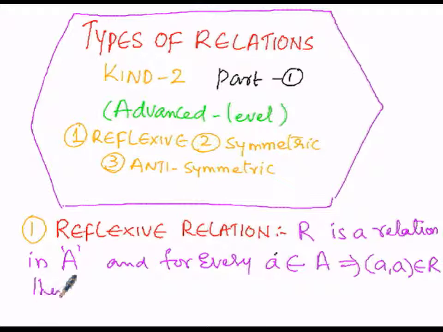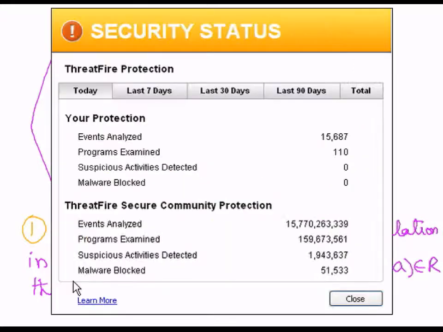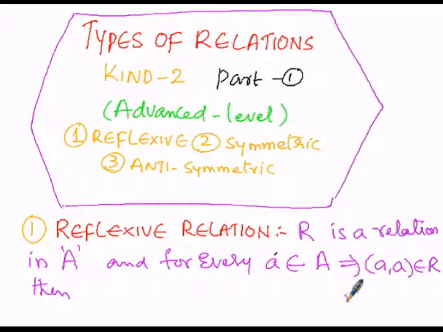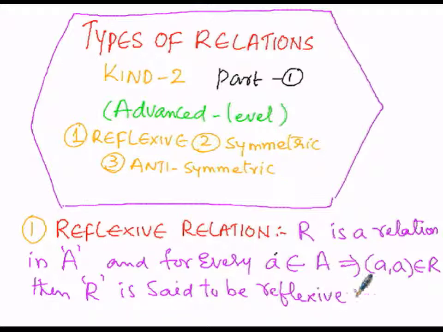Then the relation R is said to be a reflexive relation. When small a belongs to A, then a comma a must belong to the relation, and only then is R called a reflexive relation. Now let us illustrate this by means of one example.